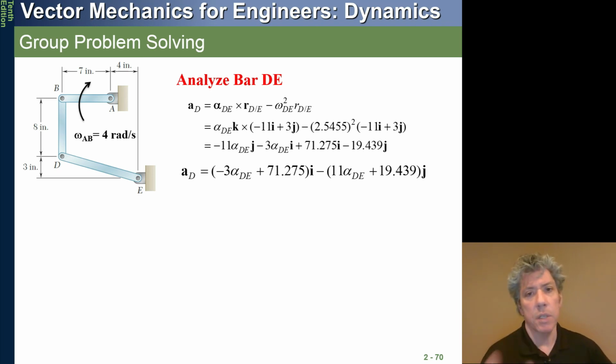And so then they just expand the terms out. So they're taking the actual cross product, which you often have to do. So you have to be able to write vector RDE in vector format. And using the position information, which is known, right, vector RD with respect to E has a negative 11 I component and a positive 3 J component. Remember I said the position information has to already be solved for.